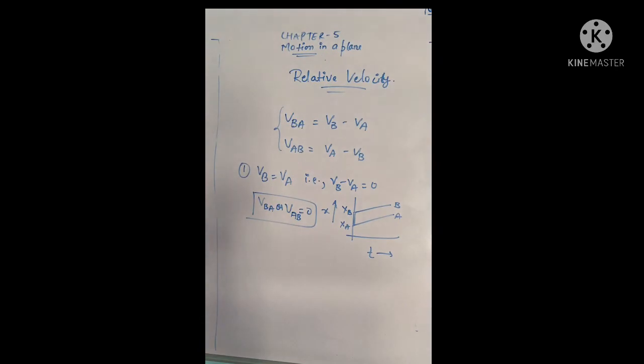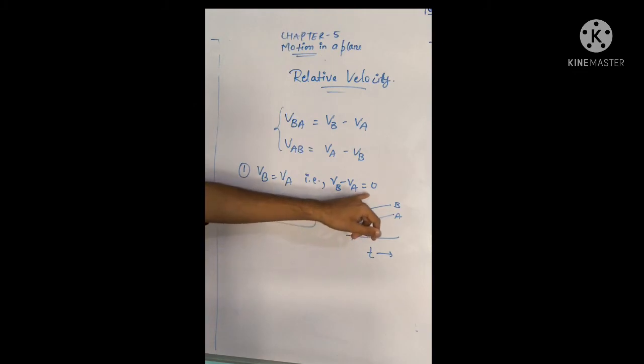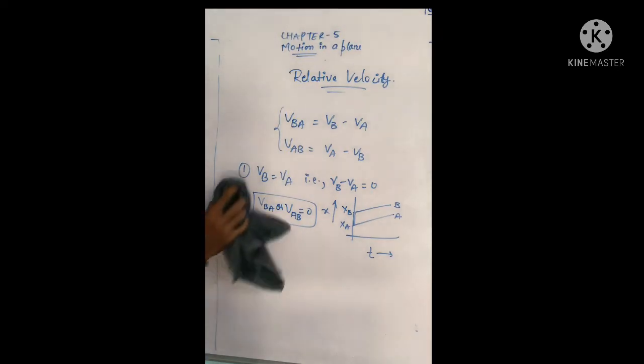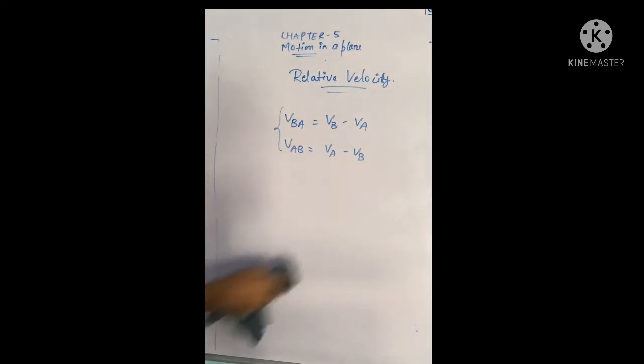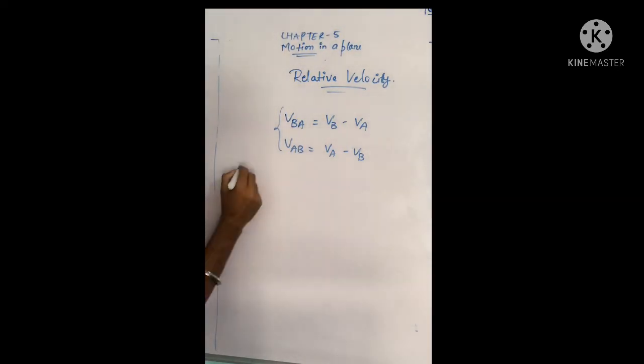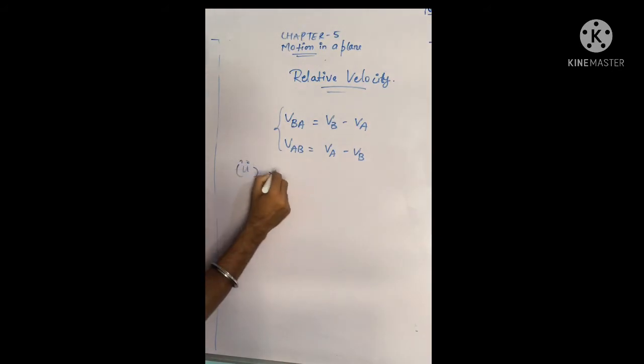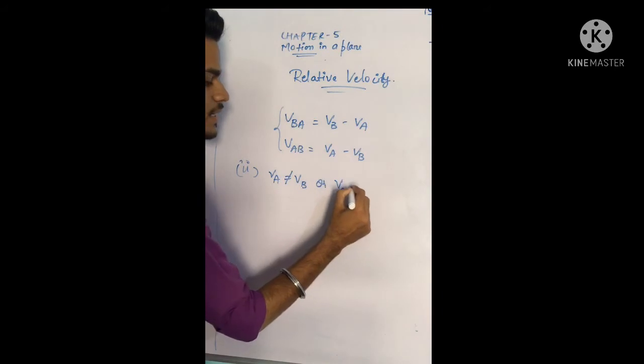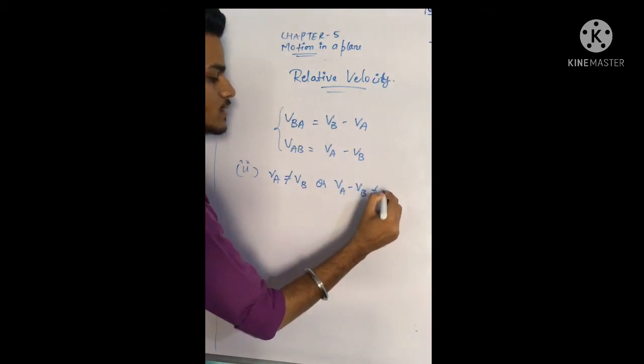For this case, the relative velocity will be equal to 0, because vba is equal to vb minus va, which is equal to 0, and vab is equal to va minus vb, which is also equal to 0. So for this case, the relative velocity will be 0. Now if we move on to the second case, that is va is not equal to vb, or va minus vb is not equal to 0.